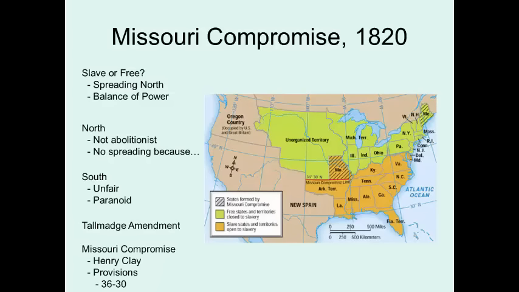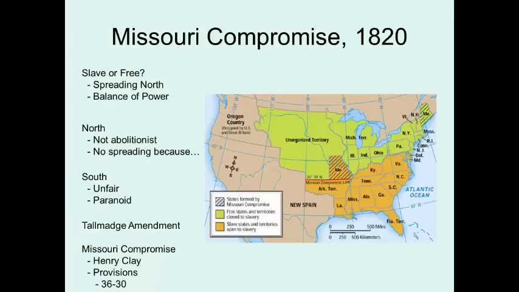First, it said that Missouri will enter the Union as a slave state, and Maine will enter the Union as a free state. This lets that balance of power in the Senate stay equal, because Missouri will be slave and Maine will be free. The second thing it did was it drew a line at the latitude of 36°30′.